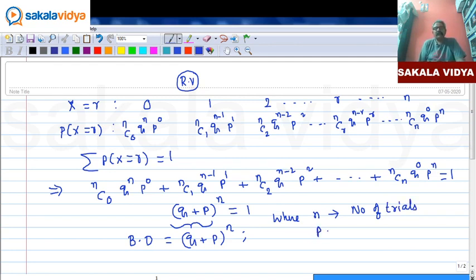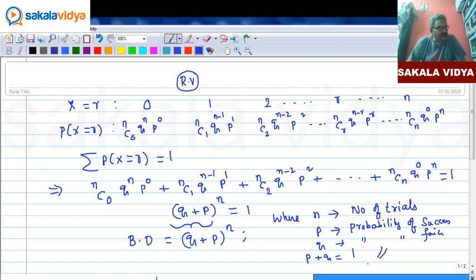Where p is the probability of success, q is the probability of failure, and p plus q is equal to 1.